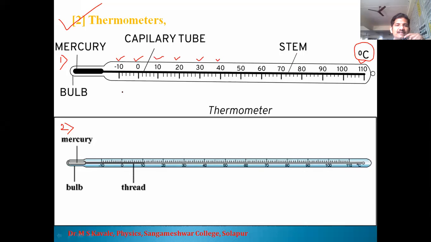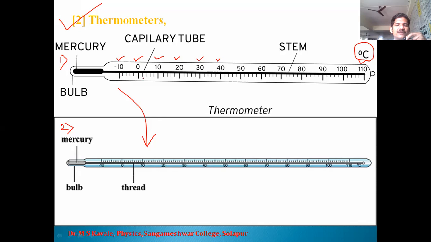The same is picturized over here. If you observe carefully on the main scale of the thermometer, between 0 to 10 or between -10 to 0, we can observe 5 equal divisions.